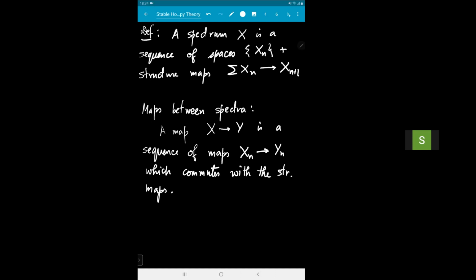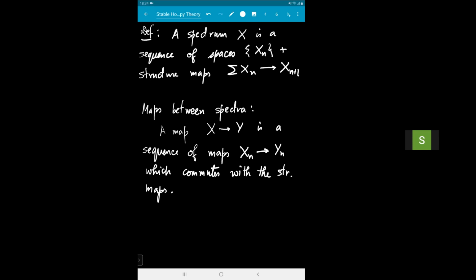Okay, so a spectrum is a sequence of spaces Xn plus structure maps from sigma Xn to Xn plus 1, and a map between spectra X and Y is a sequence of maps from Xn to Yn which commutes with the structure maps.